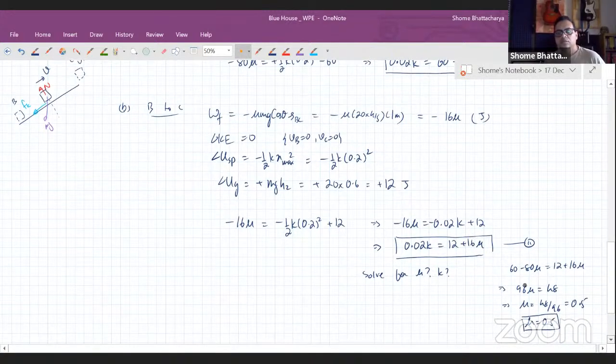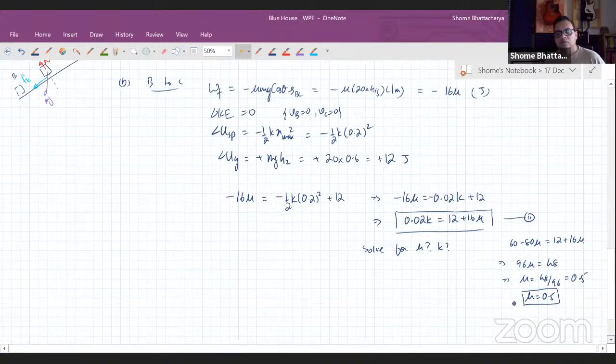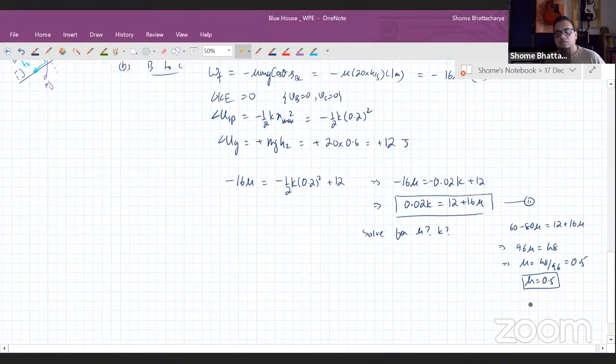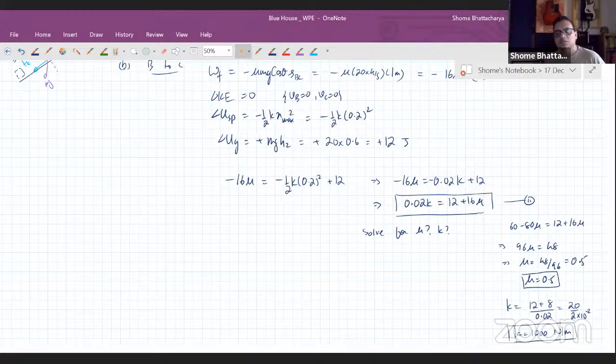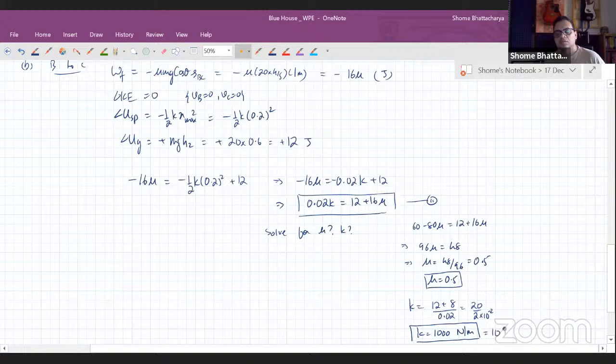And from that, you have K is equal to 12 plus 8 divided by 0.02. K is 1000 Newton per meter, or that's the same thing as 10 Newton per centimeter.